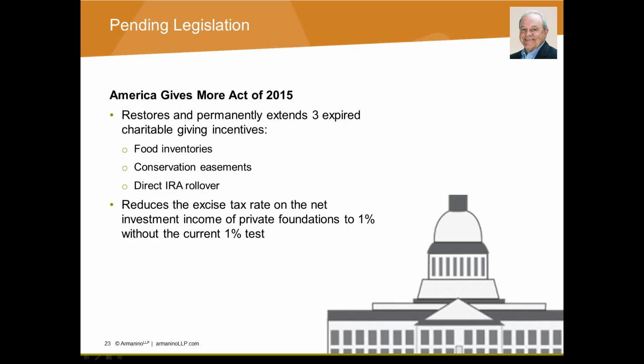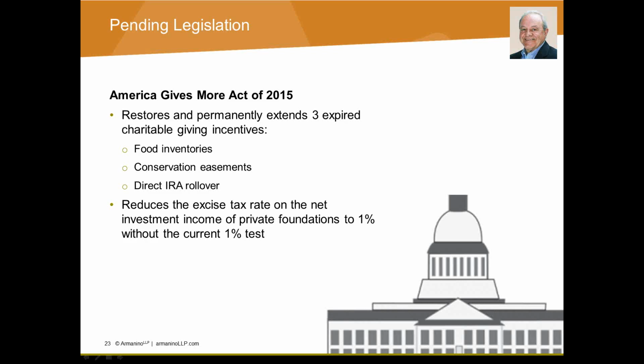and that is to give the foundations a bit of a reprieve on calculating their excise tax on investment earnings, which right now vary between 1% and 2%, dependent on the level of giving over a 5-year history. And there's a convoluted calculation that private foundations must do in order to see whether they qualified for the reduced tax or not.